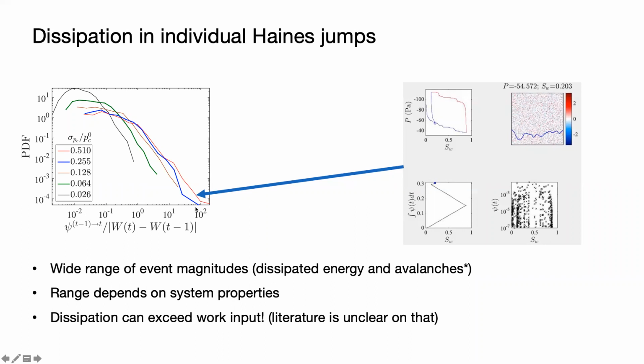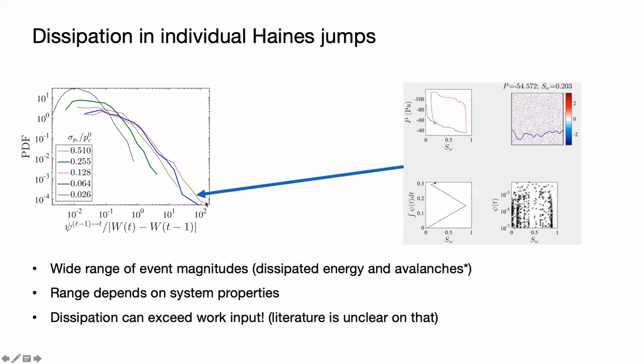And what you also see is that this range will depend on the system properties. So if I decrease the standard deviation, so if I make weaker and weaker defects, here it's again the Gaussian, so I get still a big range, but at much smaller values of dissipation. And another very interesting feature here, if you look at the x-axis, is that it goes beyond 1.